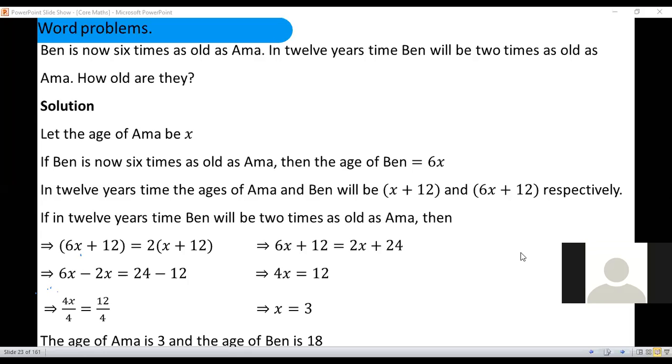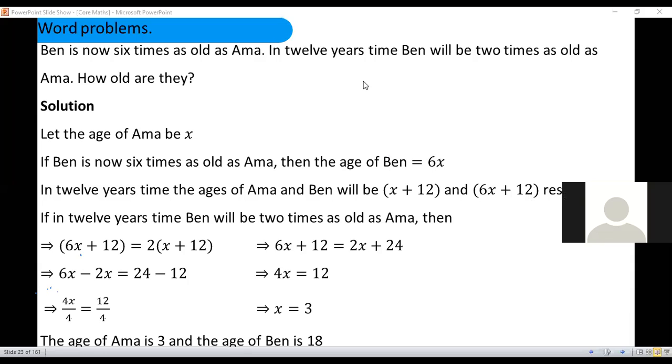Then Ben's age in 12 years' time is going to be 6x plus 12. That means right now, in current age, Ben is 6x years old. So 12 years to come, we add 12 to his age now, which is 6x.